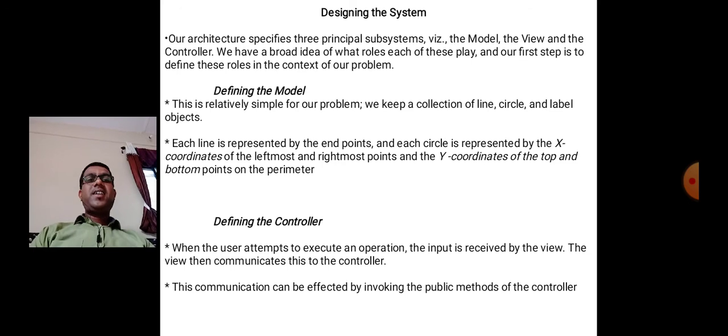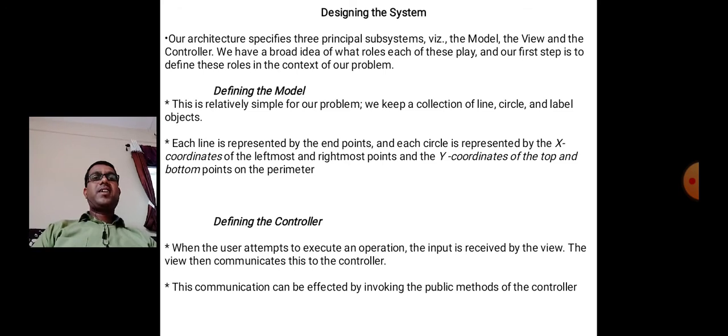For designing this system, our architecture has three principles: model, view, controller. We have to have a broad idea of what roles each of these play, and our first step is to define these roles in the context of our problem.